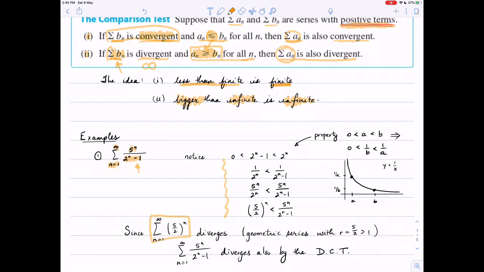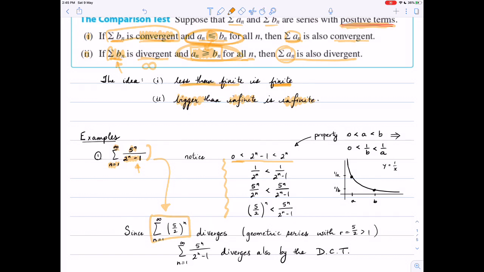We have to check that the conditions are satisfied, which means that we have to build one of these inequalities for comparison. So the first thing that we want to do is try and build this term in comparison to this term. We have positive terms, so 0 is less than 2 to the n minus 1 is less than 2 to the n.